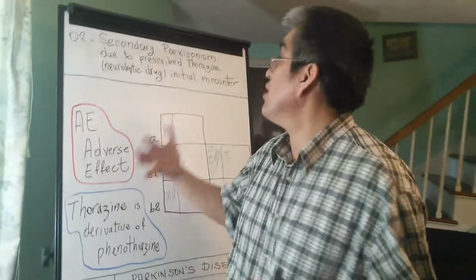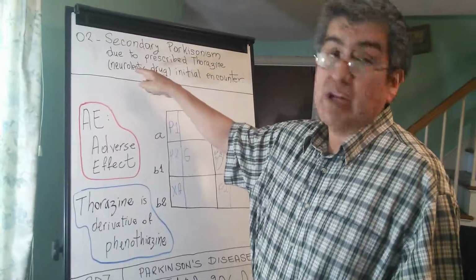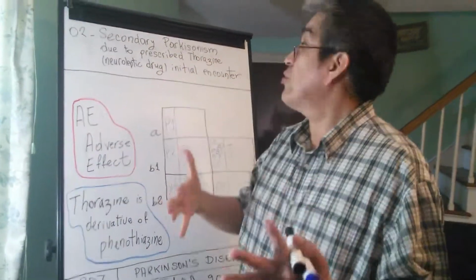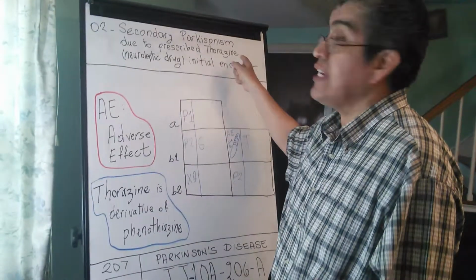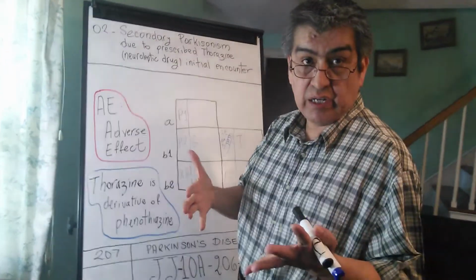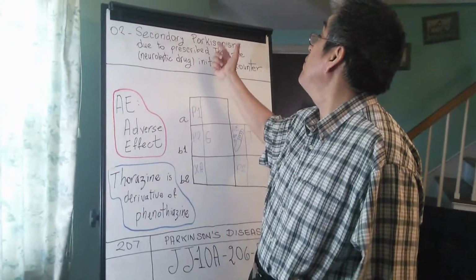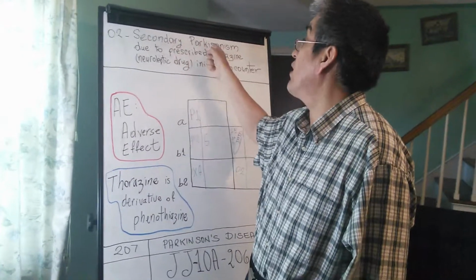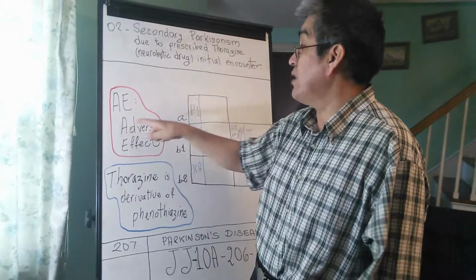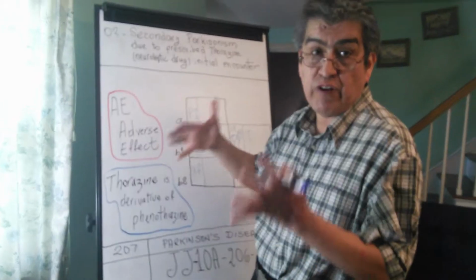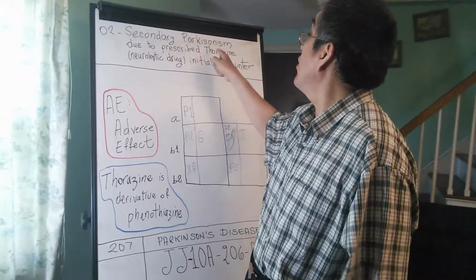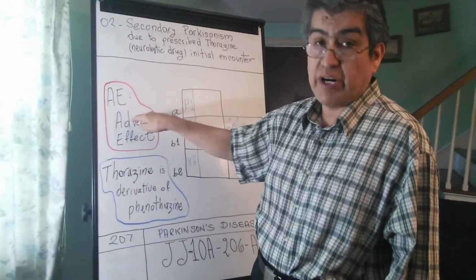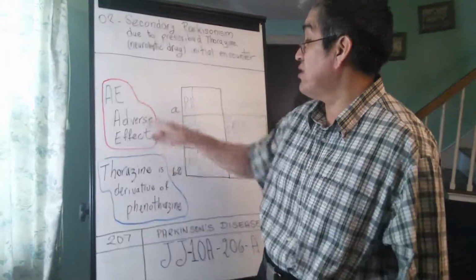It means that the patient went to the doctor for a neuroleptic disorder. The doctor prescribed Thorazine, and because of that drug, the patient got Parkinsonism. That's what secondary Parkinsonism is, right? So the adverse effect means the harmful effect that this drug causes. Remember that, adverse effect, because in the path we're going to find adverse effect.